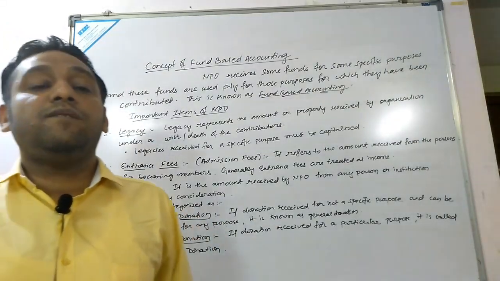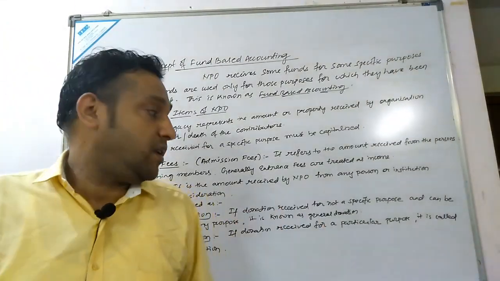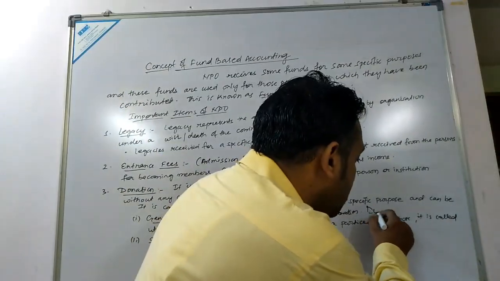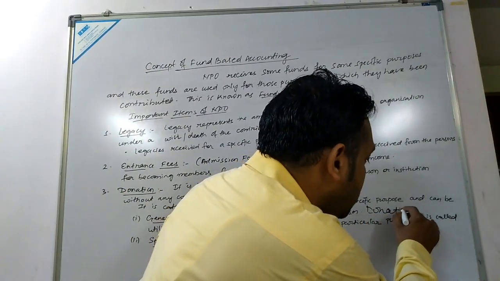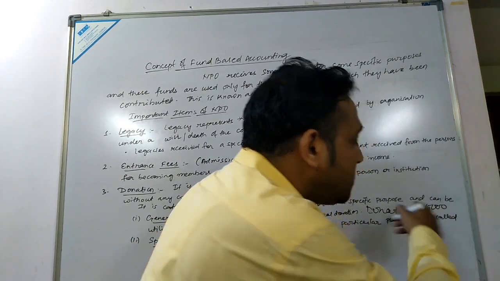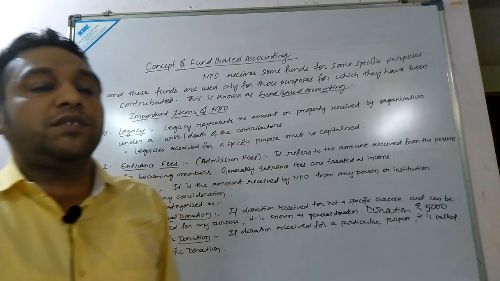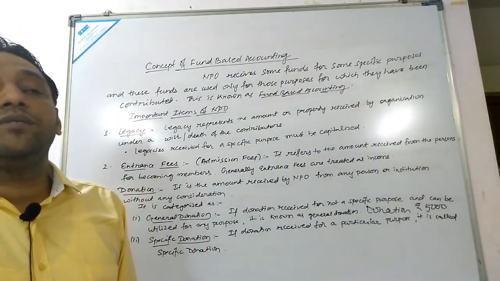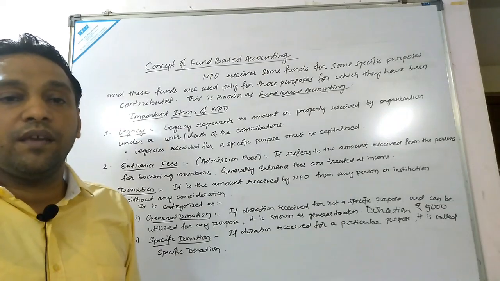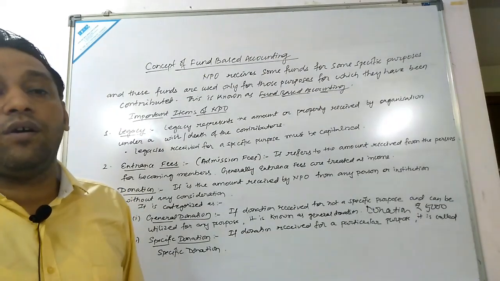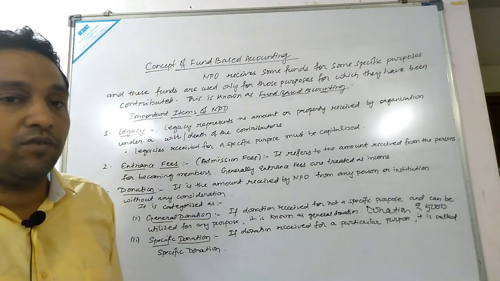For example, if in the exam only donation rupees 5,000 is given and no purpose has been specified, this type of donation would be considered as what? General donation. So where will it be shown? Donation would be considered as income for the firm, so it will be shown on the credit side of the income and expenditure account.